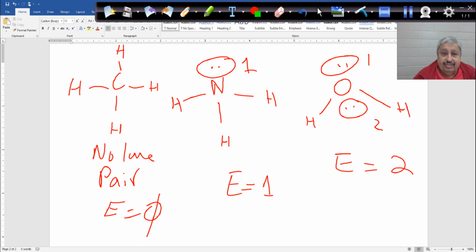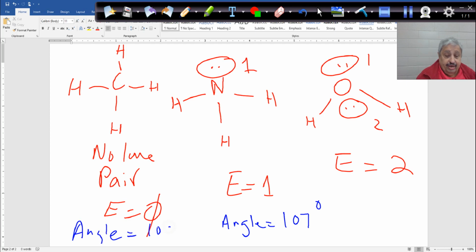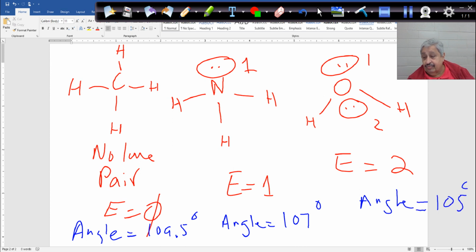With the polarity here, which one is the strongest polar among all those? So the angle here is 107 degrees. The angle here is 109.5 degrees. And the angle here is 105 degrees.